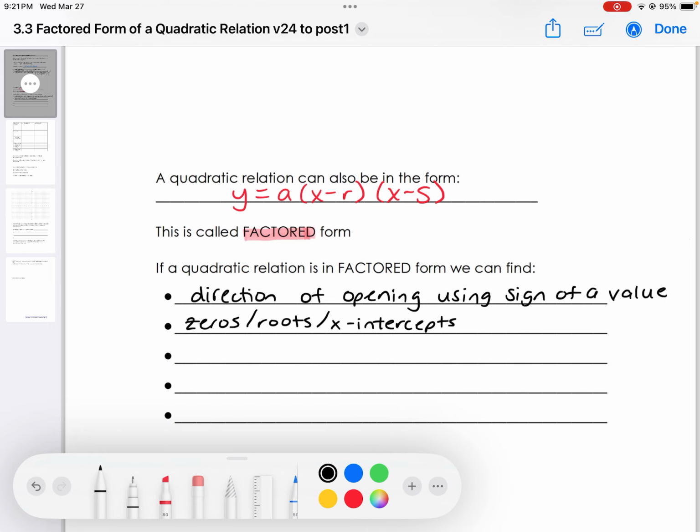And when we have these zeros or roots or x-intercepts, so these are the x values when y is 0, these are the r and s values.